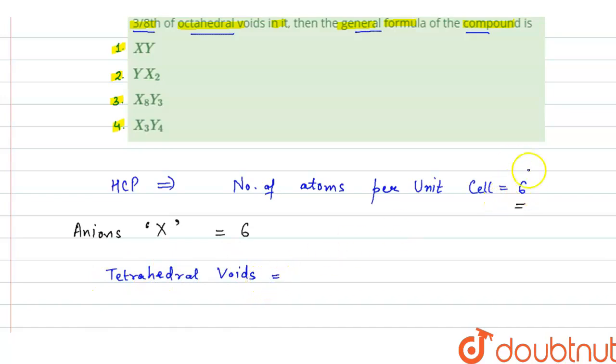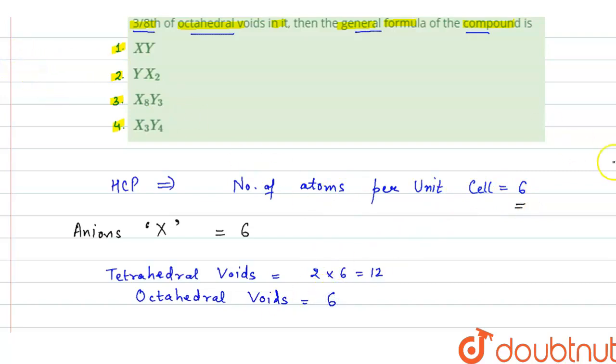So if here we have 6 atoms per unit cell, tetrahedral voids will be 2 into 6, that is 12. But the number of octahedral voids is equal to the number of particles per unit cell, so it will be equal to 6. So octahedral voids will also be 6.